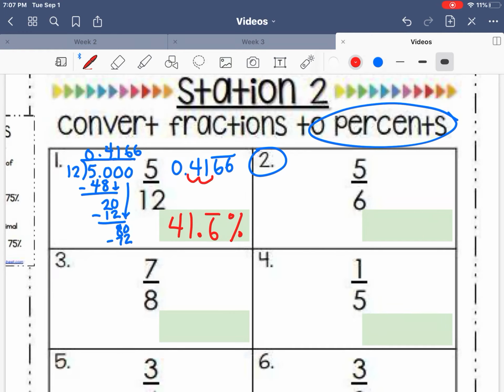We know it's going to be 6 repeating forever. So that's how you should write your answer. I know you can't put a repeating symbol in the keyboard, so I will accept 41 6/10%, or I can accept this answer without the bar on there.